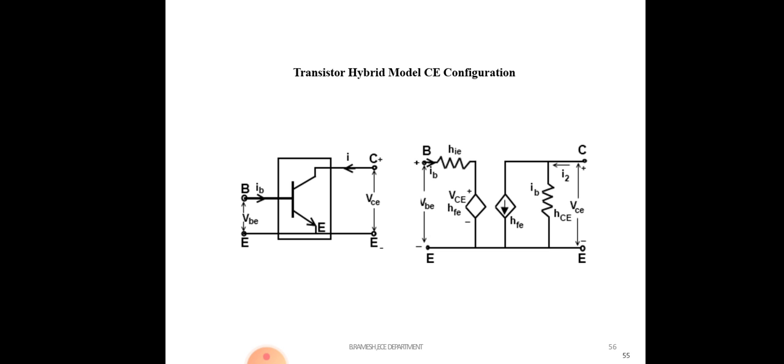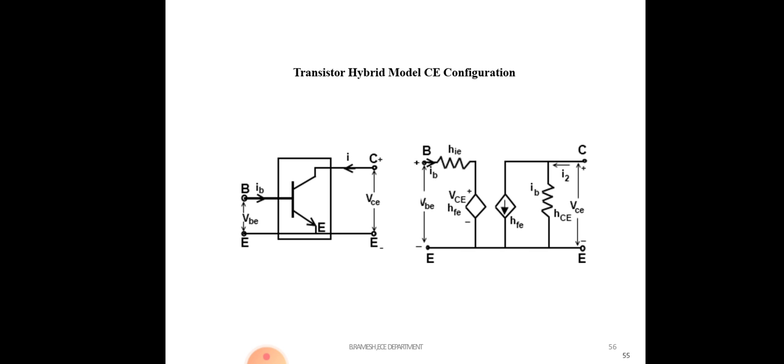Some IEEE standard values will be shown in the next slide, and you should remember those values. Then VCE into HRE is the reverse voltage gain, HFE into IB is the current source, and HOE is the output admittance, with VCE across it.